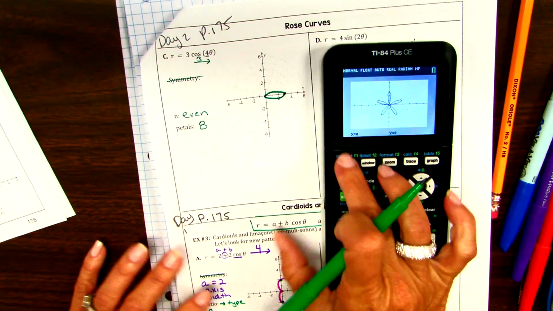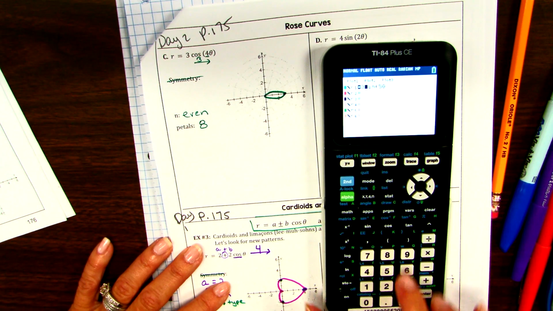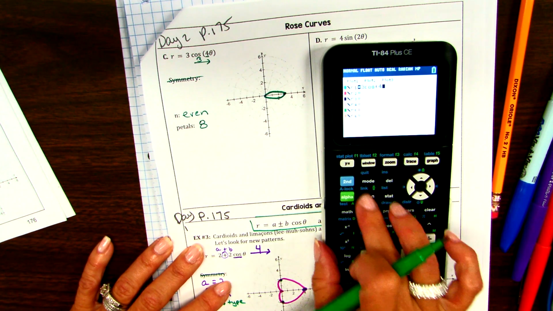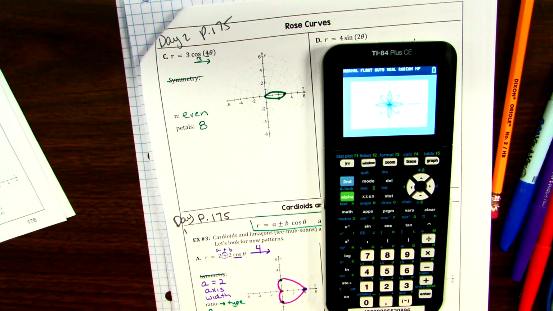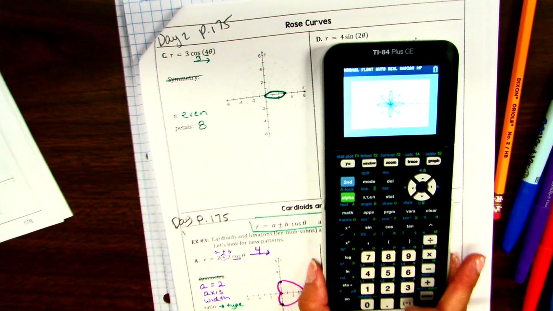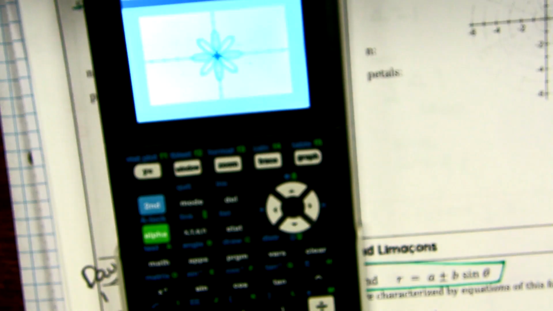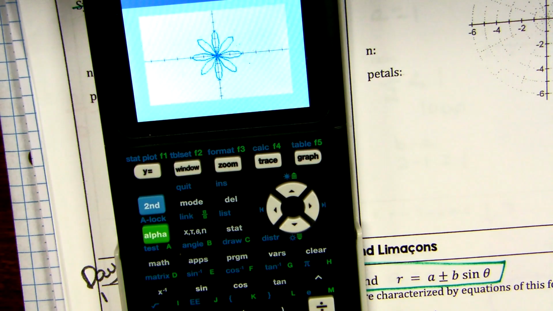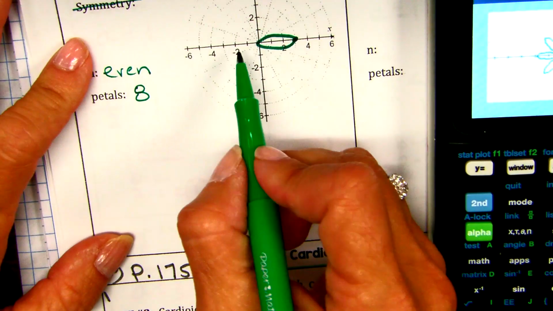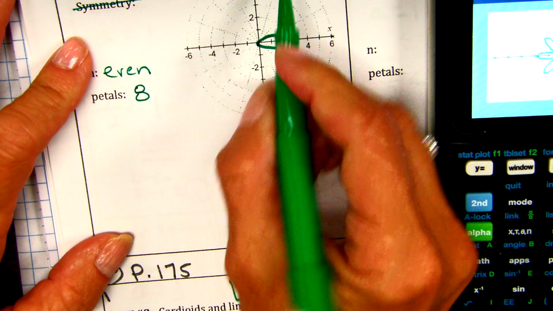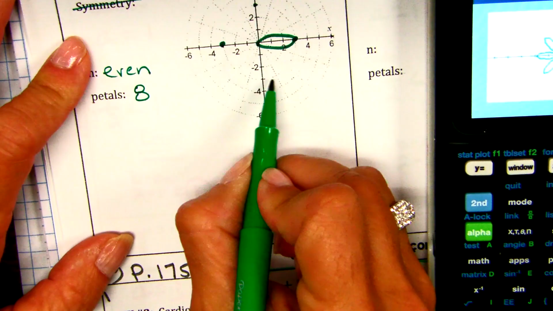So far, my assumptions have been right, but they won't always be, and I'll tell you on the next one why. So there is the graph. Do you guys see that we're going to have petals on all 4 parts of the axis, right? Jocelyn, how far out am I going to go? 3. Yep, here, here, and here.